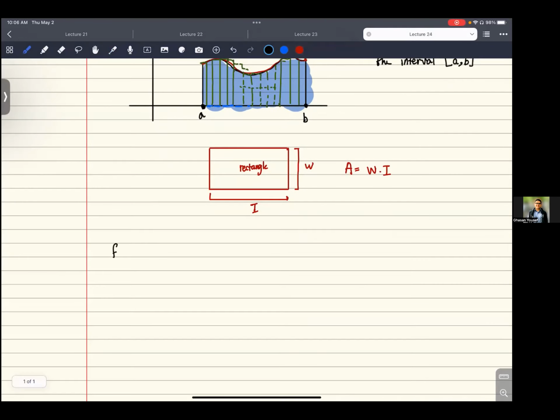So the rectangles that divide the area under the function y equal f of x have the same width.